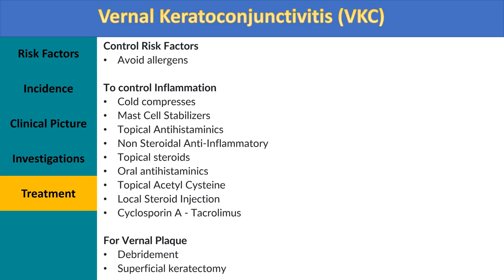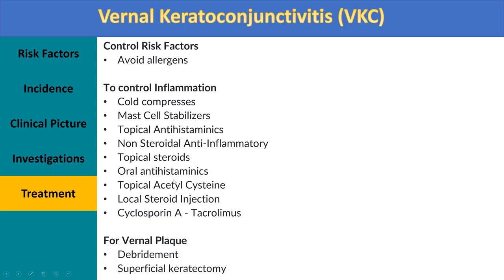Then we control the inflammation by cold compresses, mast cell stabilizers, topical antihistaminics or combinations, non-steroidal anti-inflammatory drugs, and topical steroids for severe cases, especially in exacerbation, as a short-term course.